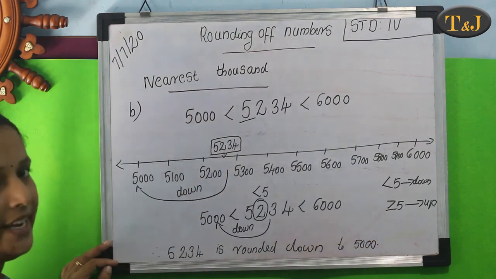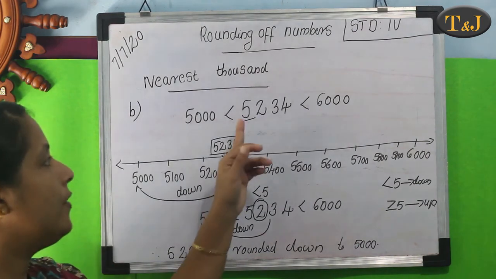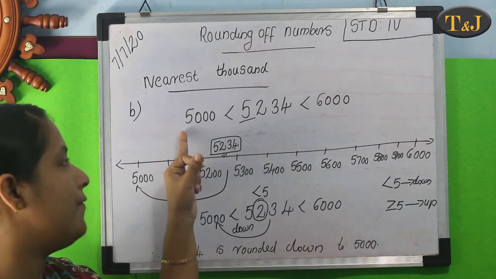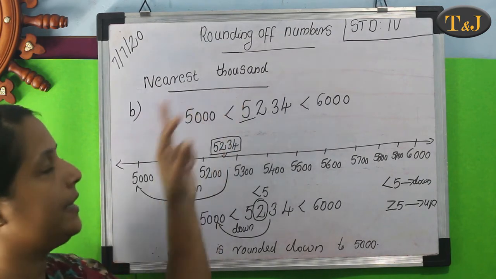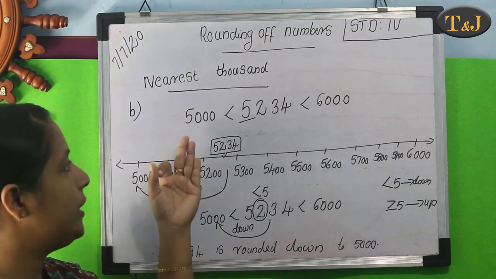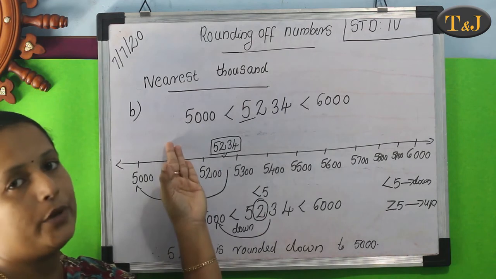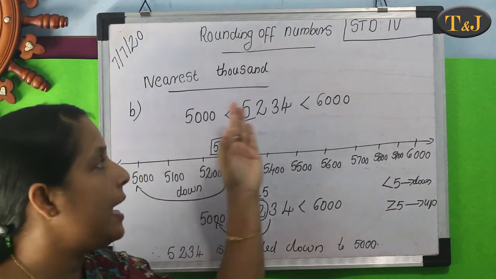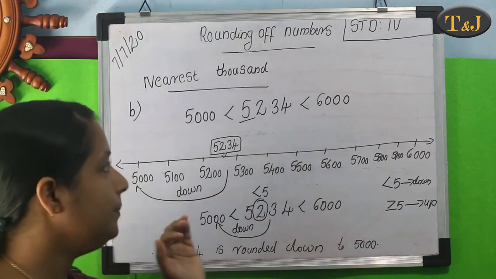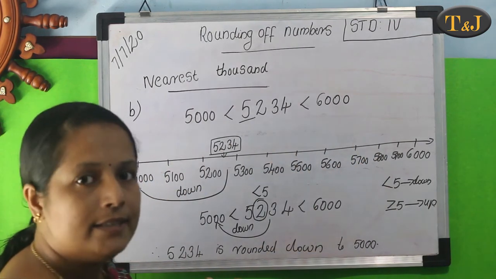Okay, once again I explain. Consider the number 5234. Here our first digit is 5. So we write 5 and put 3 zeros, because in the case of nearest 1000 there are 3 zeros. Then adding 1000 to this number, we get 6000. Therefore 5234 lies between 5000 and 6000. Then draw the number line. Our starting number is 5000 and our ending number is 6000.